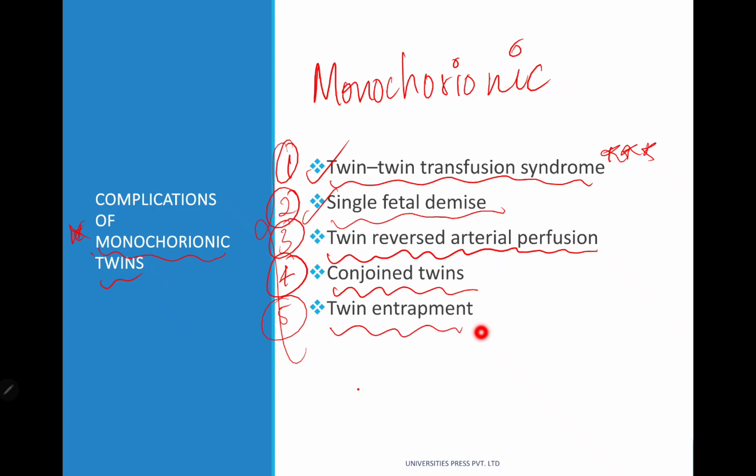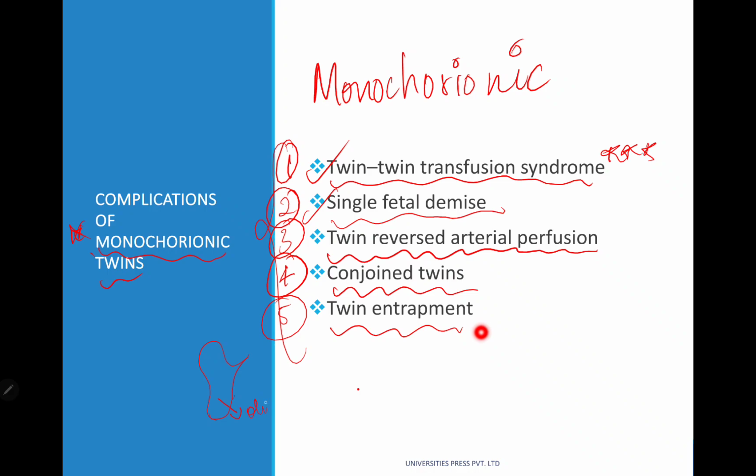So what is this twin-to-twin transfusion syndrome? We can also call it feto-fetal transfusion syndrome or twin oligohydramnios-polyhydramnios sequence. Basically, one twin is going to have oligohydramnios.